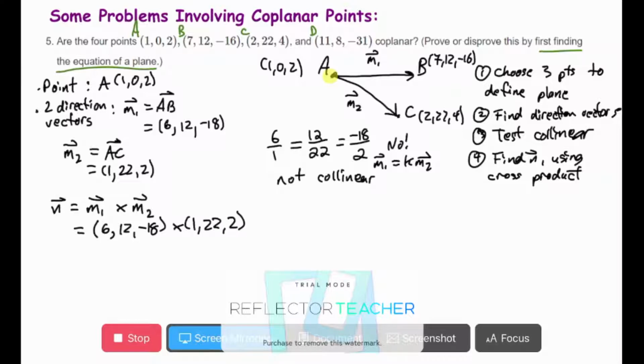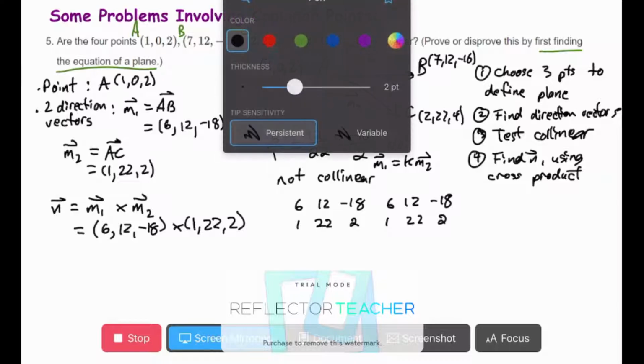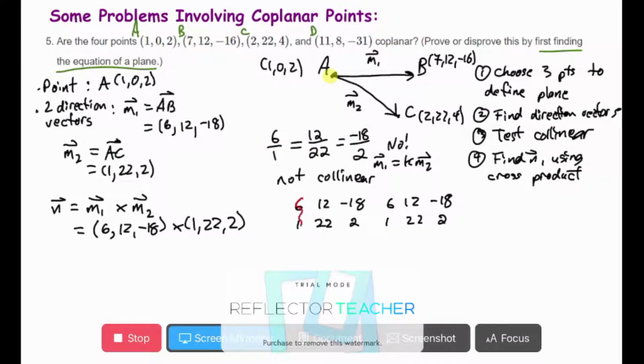And remember, to find that, we'll use our Miss Spring method. So let's write that out. Write out my points twice. So 6, 12, negative 18, 6, 12, negative 18, 1, 22, 2, 1, 22, 2. So write out twice, chop, chop, and crisscross. Once again, I'm not showing all my work, but I'll show some of it.